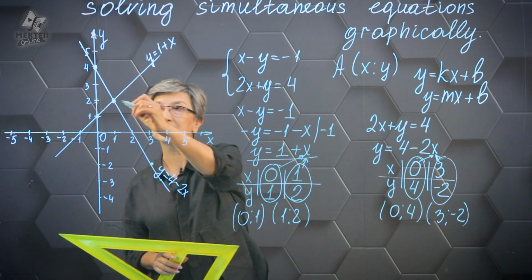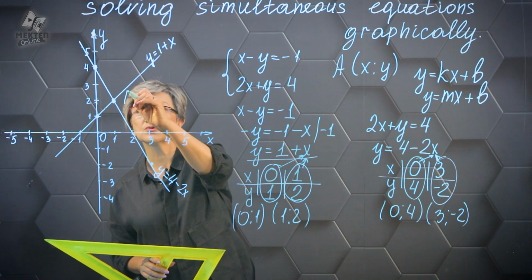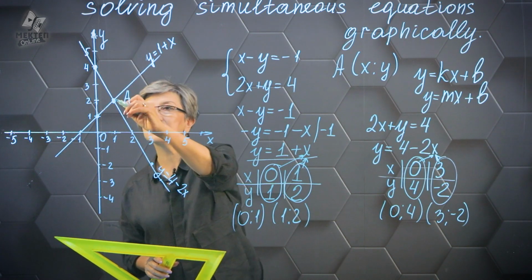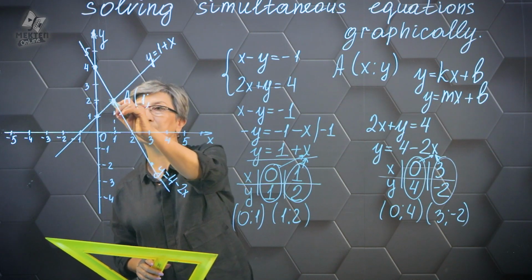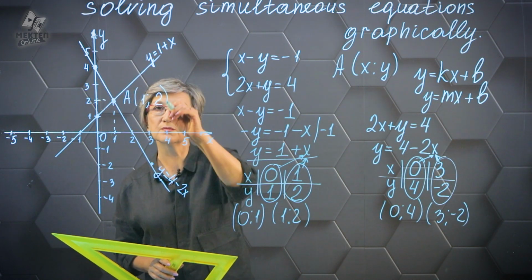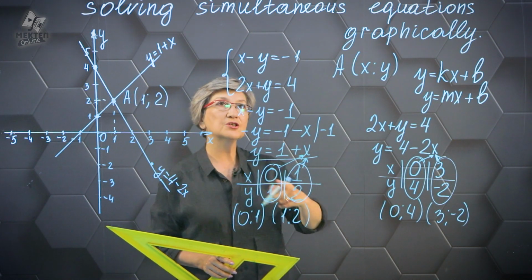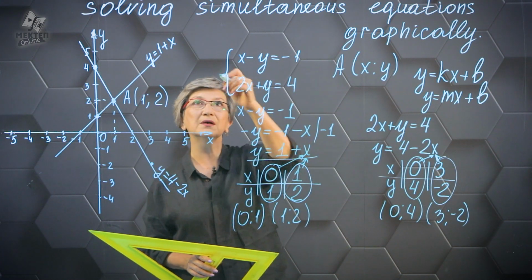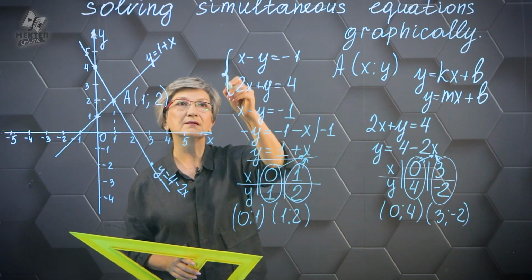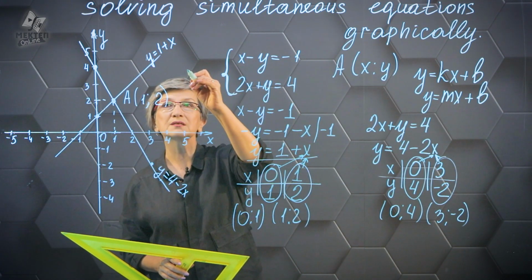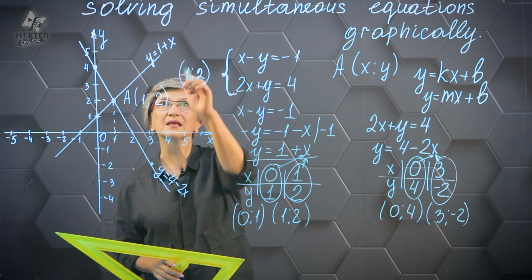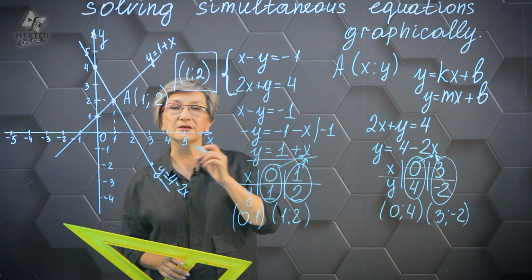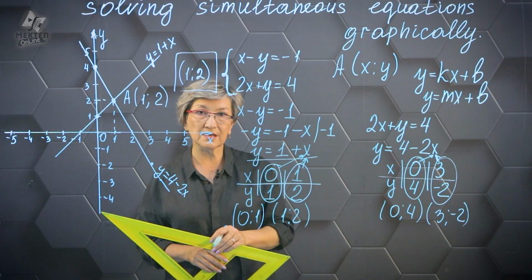We need to determine the coordinates of this point. Here is our point A, with coordinates where x is equal to 1 and y is equal to 2. As a result, the solution to our system will be the point with coordinates 1 and 2. And then this pair of numbers will be the solution to our system.